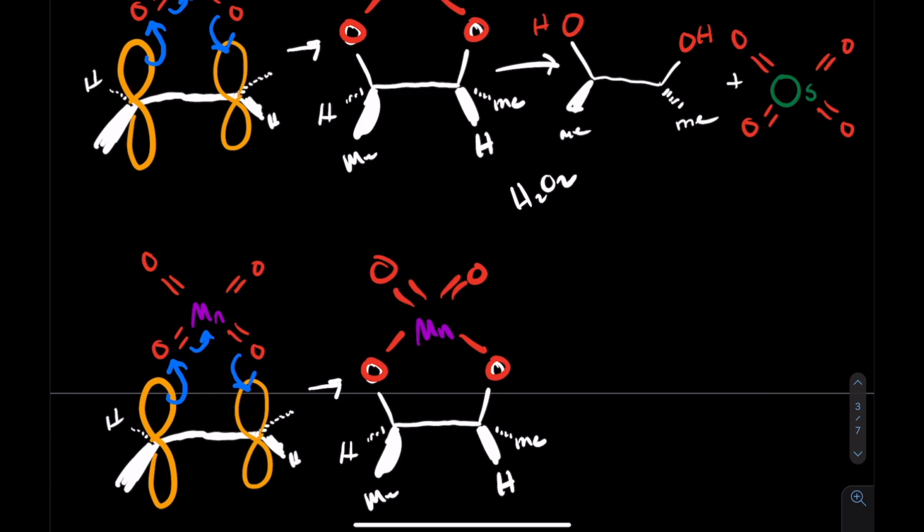And if you want the exact same product, you just throw in hydroxide, specifically hydroxide because you're in base, and you can kick that out and you will slowly peel off your manganese and get to the same product as long as you are in base.